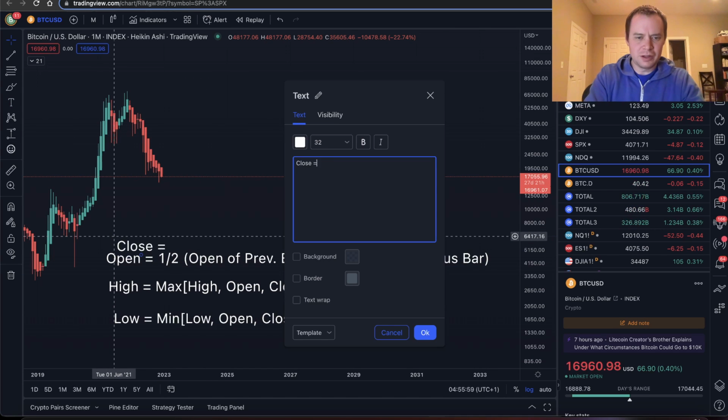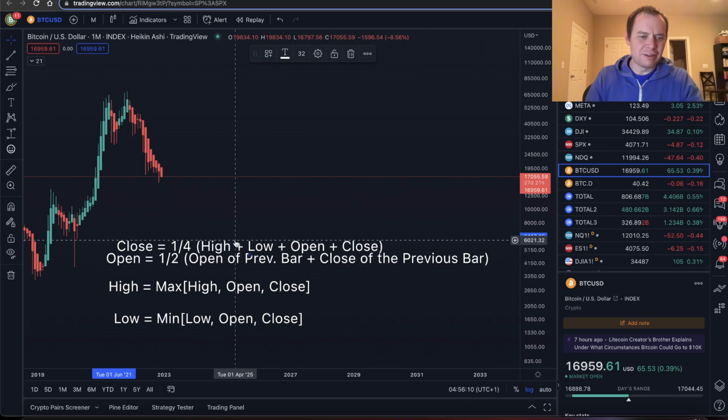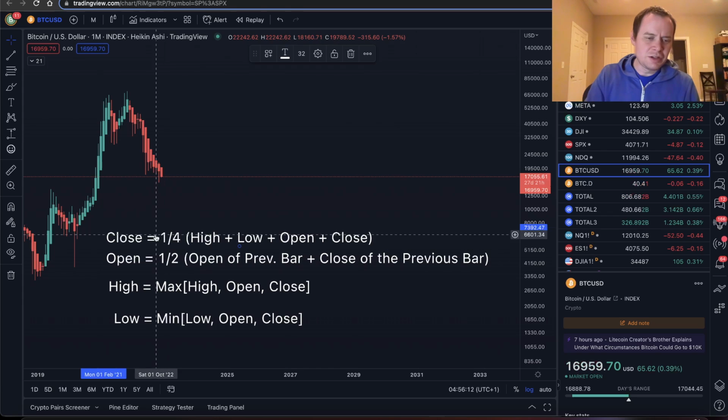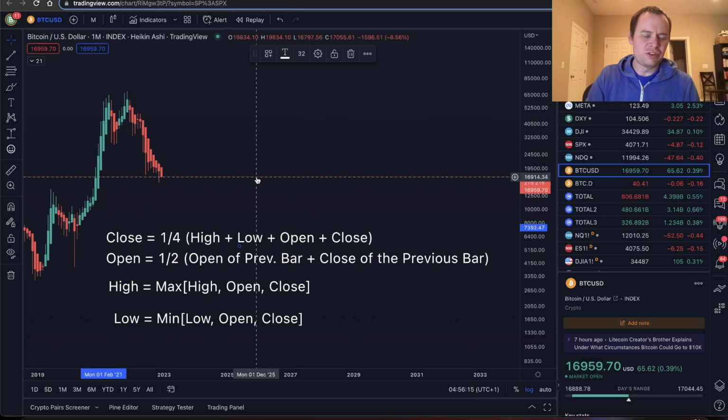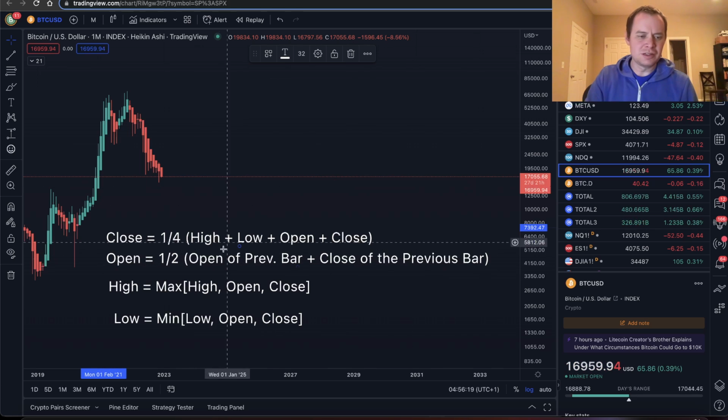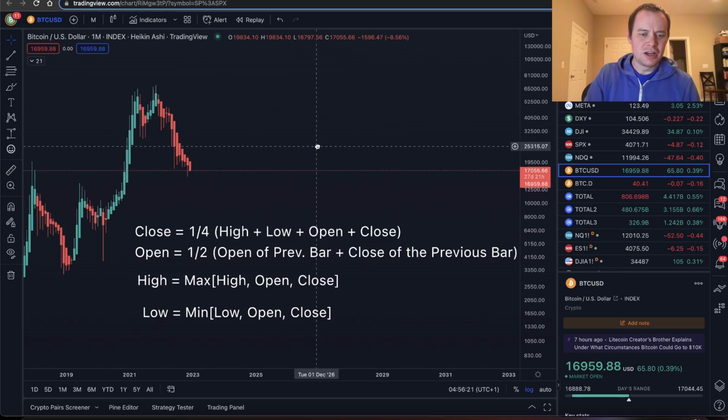So you also have the close equals 1/4 the high plus the low plus the open plus the close, which is the average. You could phrase it like 1/4 of all this, or you could just say it's the average of everything. Because you have 4 separate things, you're dividing it by 4. This is 2 separate things, you're dividing it by 2, so it's just the average of those values.